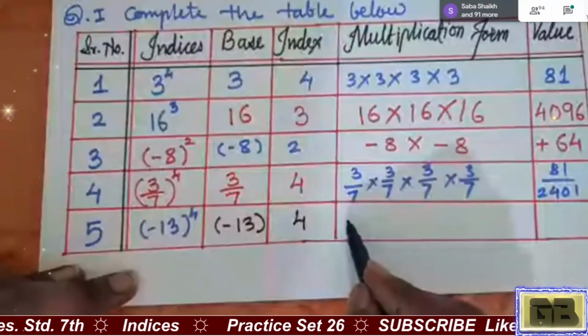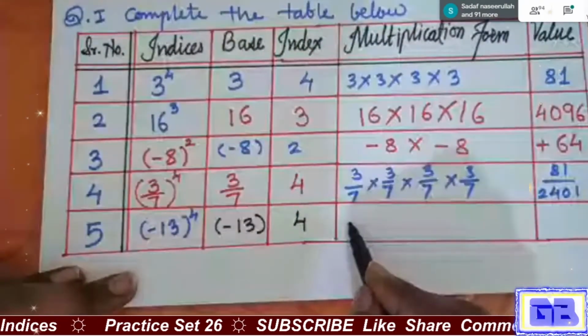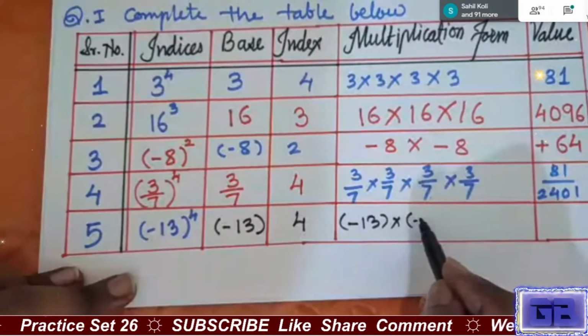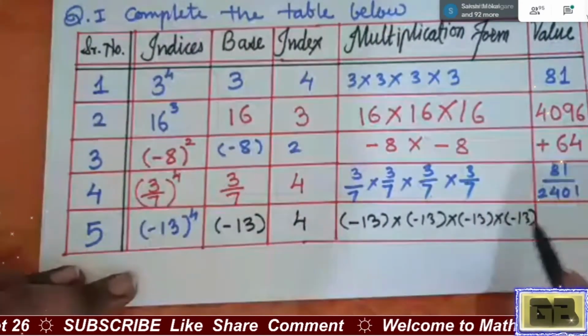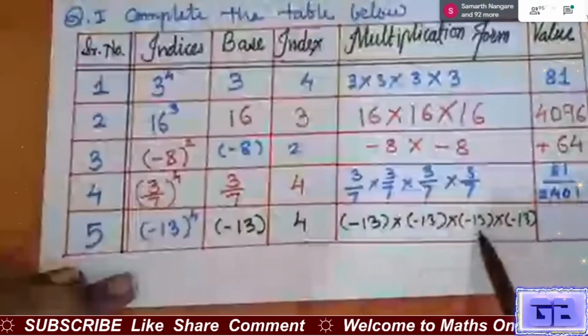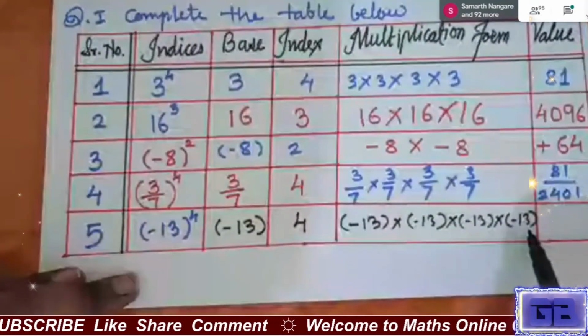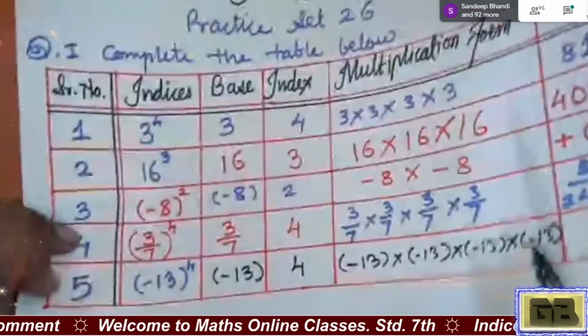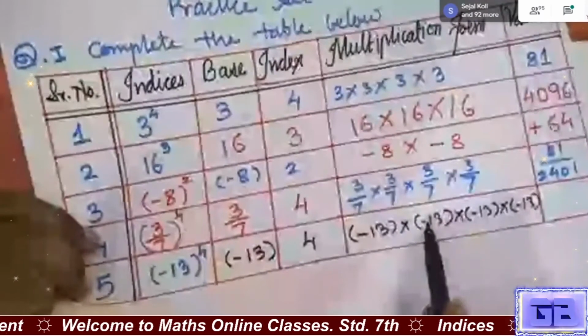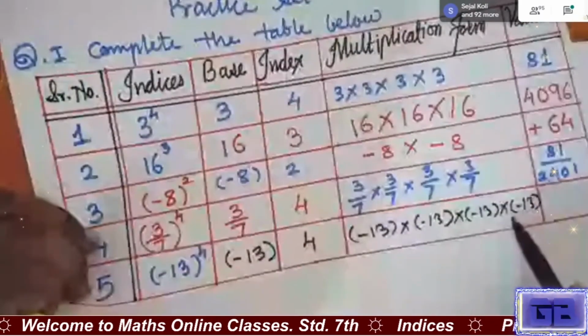And last sum, -13 to the power 4, base is -13, index is 4. We have to write 4 times -13 in multiplication form, -13 into -13 into -13 into -13. Now again we have to calculate, negative into negative it becomes positive, and negative into negative it becomes positive.